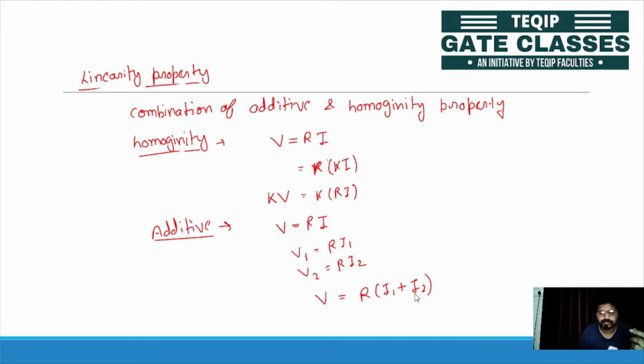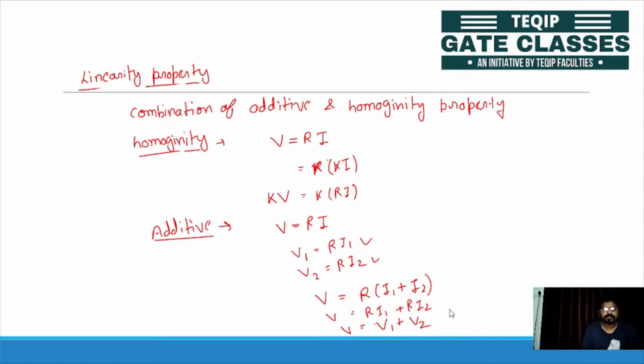V is equal to R I1 plus R I2, this is V1, this is V2, so it's V1 plus V2.